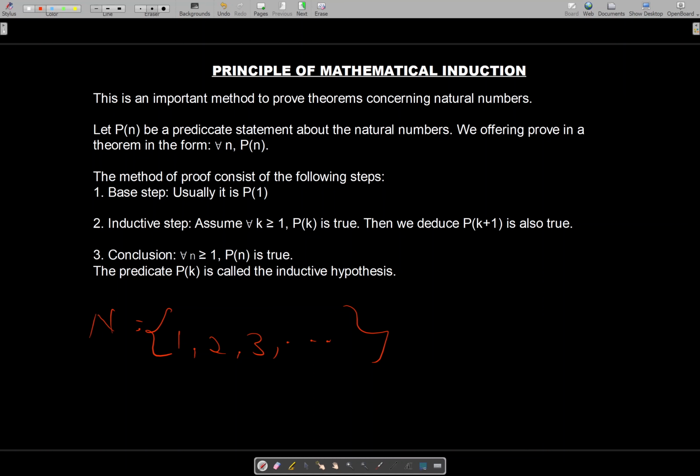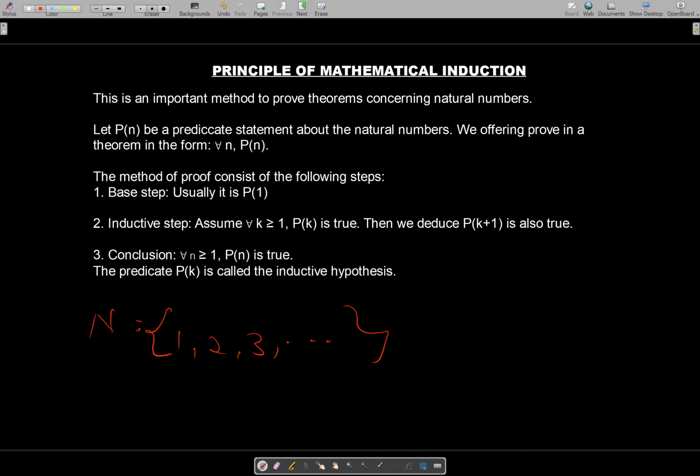In mathematical induction, you'll be given predicate statements. When we say predicate, let's cast our mind back on logical statements. Logic deals with statements and the relationship between them. Every logical statement is made up of two main types, either proposition or predicate.